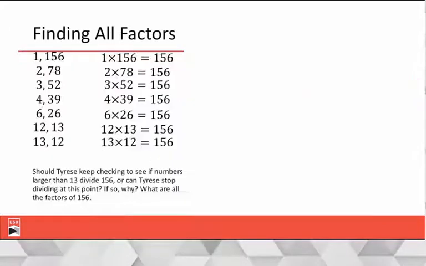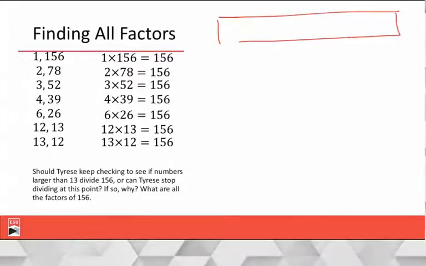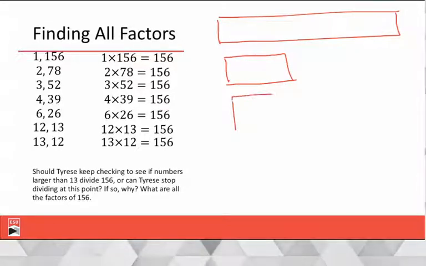What are all the factors of 156? If we think of our rectangles, we can move from that really long, skinny rectangle to a shorter, slightly squatter rectangle. If we did this with the number 16, we would get to a square. But then we start rotating our rectangles, making them taller than they are wide.